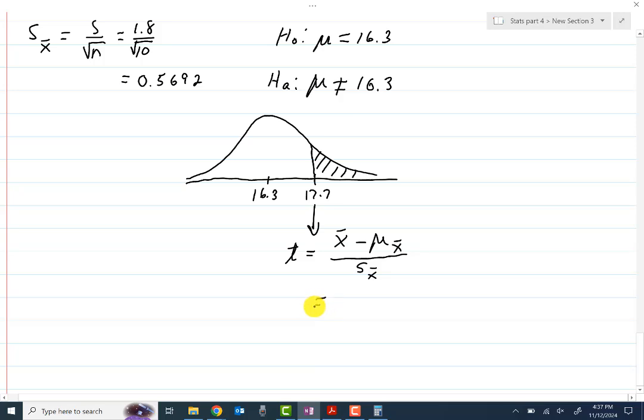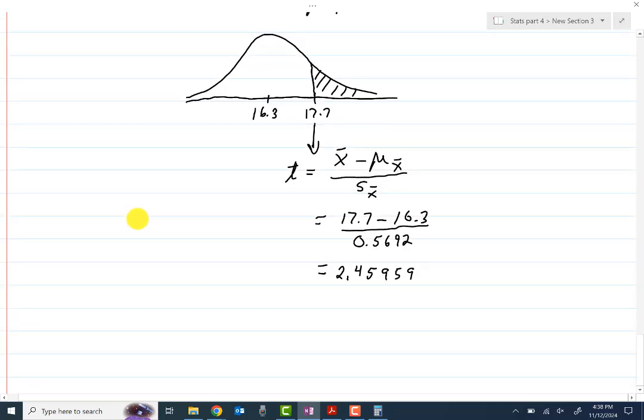So our x bar was 17.7. Our mu was 16.3. And then our sigma x bar is 0.5692. That gives 2.45959. Now that table has the t values to 3 decimal places. So if I round this thing to 3 decimal places, I'll actually end up with 2.460.